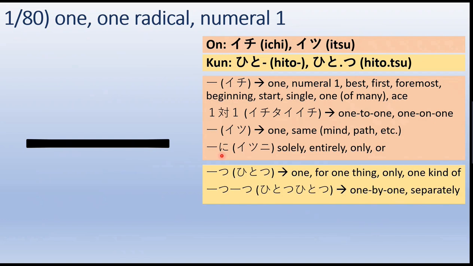Now for kun'yomi, we have hitotsu, which again means one, for one thing only or one kind of, and we have hitotsu, which means one by one or separately. The radical is itself a radical called the one radical, and the stroke order is from left to right.